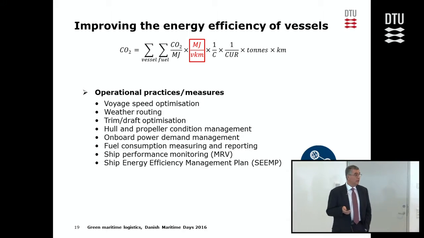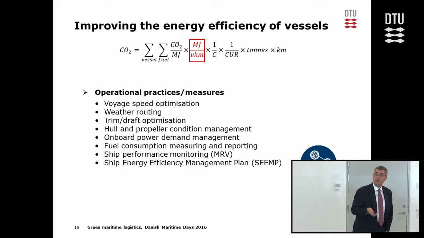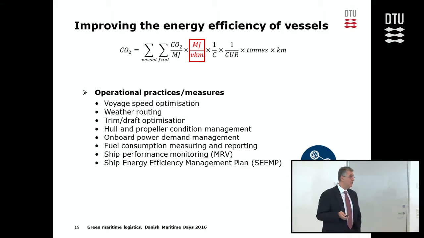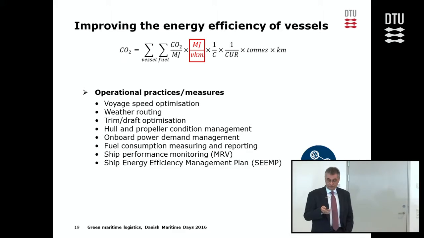Weather routing, optimization of the route of a ship, taking into consideration the winds, the waves, the currents. Trim and draft optimization. We need to keep the hull and the propellers clean, of course. MRV, monitoring, reporting, and verification of CO2 emissions and fuels consumed. The SEMP, the Ship Energy Efficiency Management Plan.